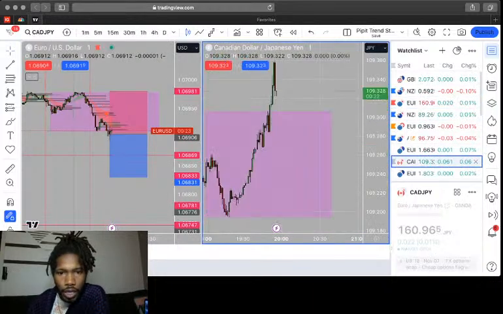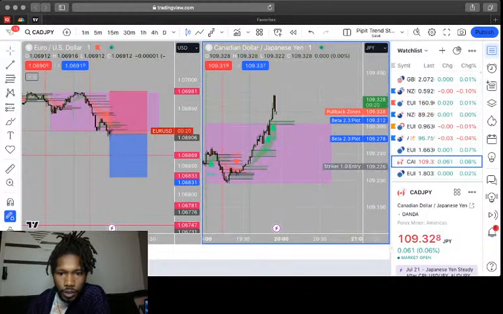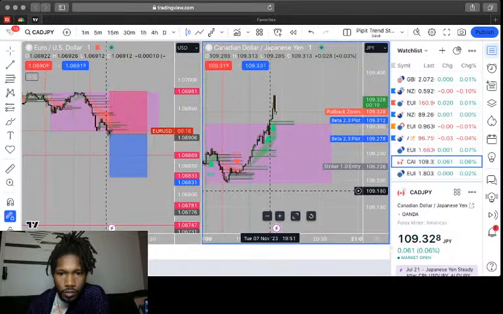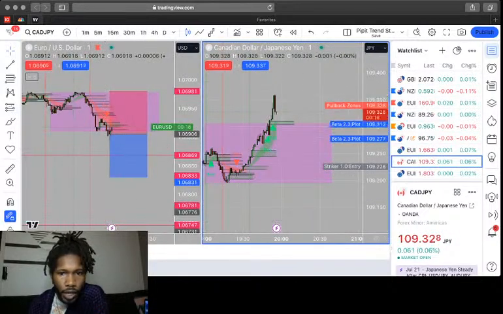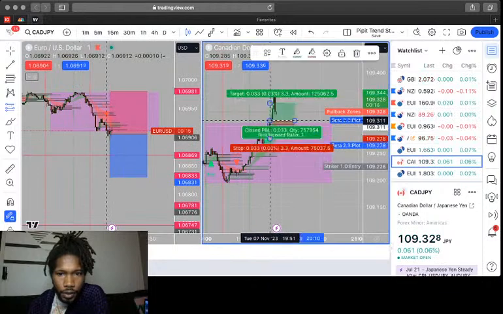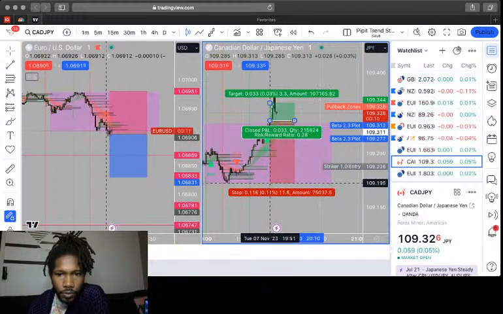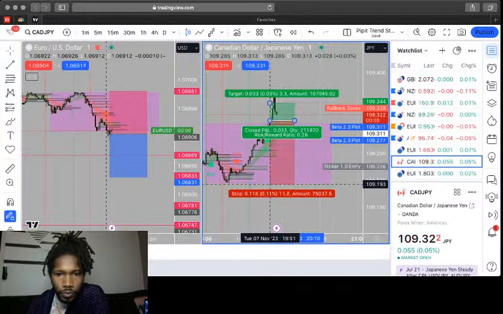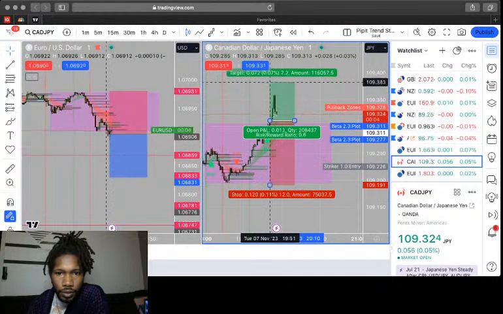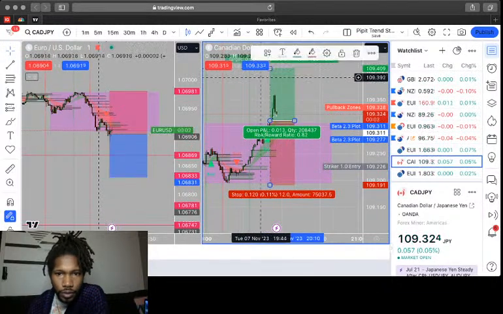Let's see the CAD pairs. Oh man, all of them already started moving. That's a move for CAD J. We got the break out of there. Right, with our low down here, what, 11, almost 12 points, 12 pips, right? Target was 11. It's like a little over 11 pips, right?